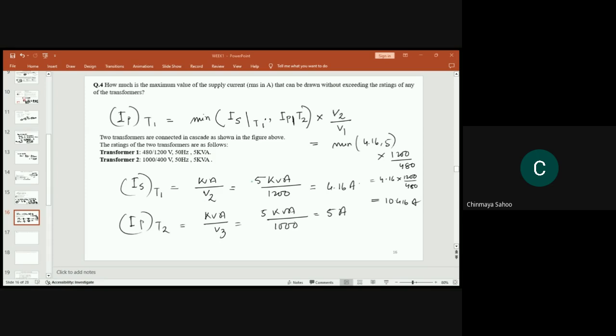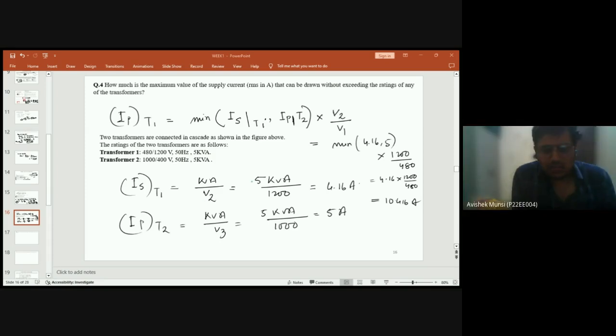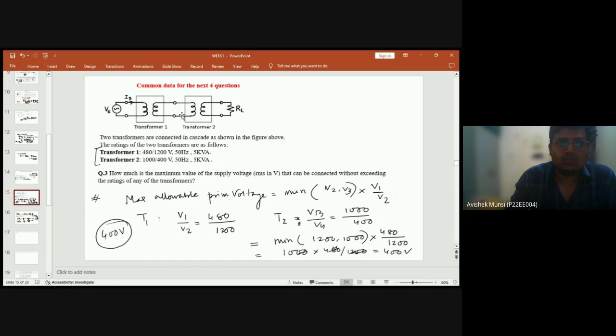See, in case of the voltage, we also used this formula, that we have to take the minimum. Here these two are cascaded, so I have to take the minimum current or minimum voltage when I calculate the maximum allowable voltage or current. The minimum is between the secondary side current of transformer 1 and the primary side current of transformer 2.